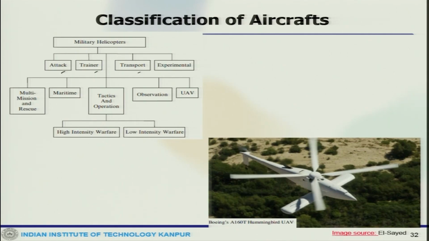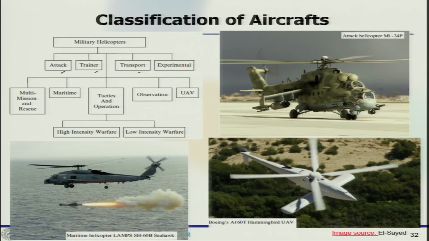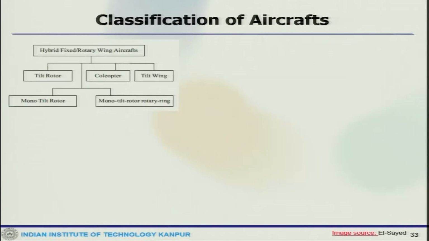Now this is an attack helicopter, which is used to attack the field. This is a maritime helicopter, which is also used during battle. So, every helicopter has its own features, pros and cons.